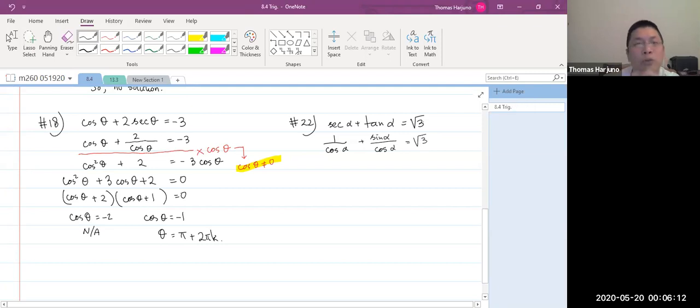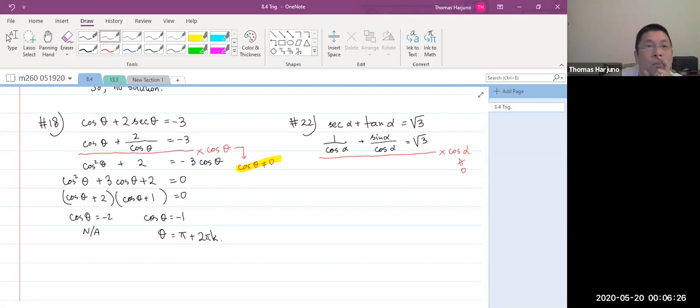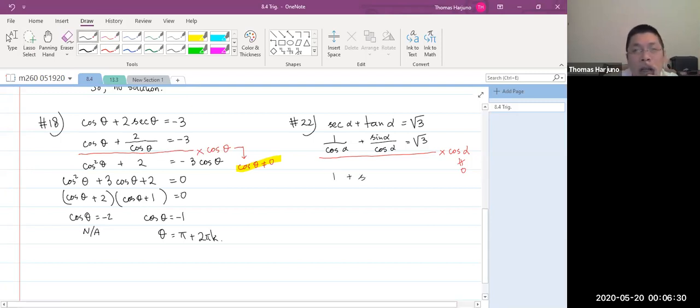This one I have to do together with you, it's another style, something new. So I multiply by the LCD, cosine alpha. Of course, this cannot be 0 later on. Keep that in mind. Then I will get 1 plus sine alpha equals radical 3 cosine alpha.